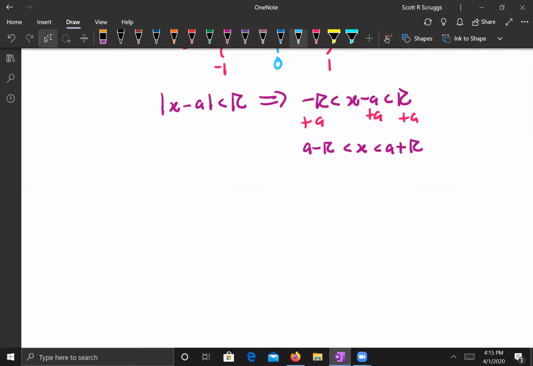So in general, this will be the basis of the interval of convergence.